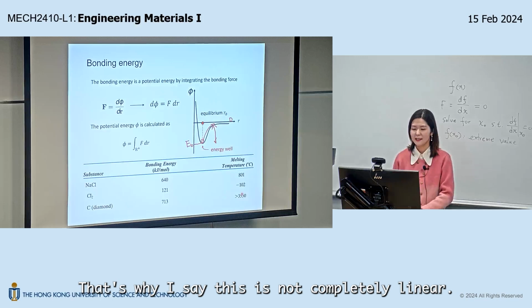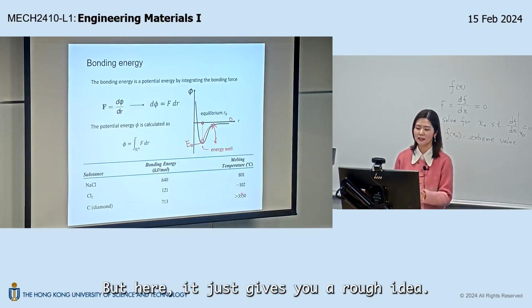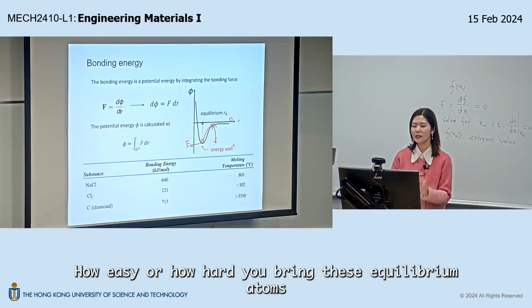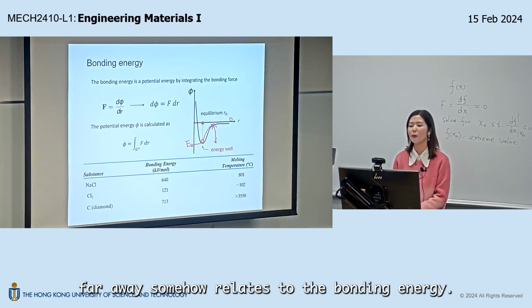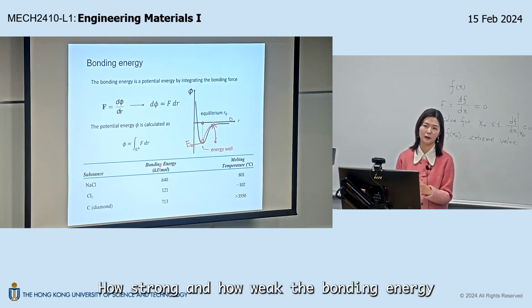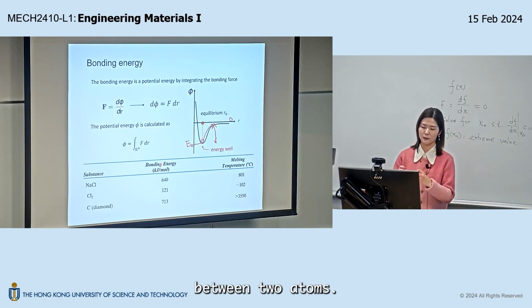That's why I say this is not completely linear, but here it just gives you a rough idea. How easy or how hard it is to bring these equilibrium atoms far away relates to the bonding energy, how strong or how weak the bond is between two atoms. Okay? Any questions?